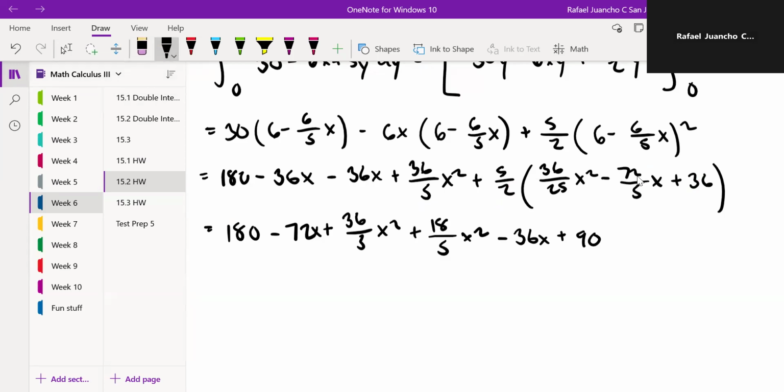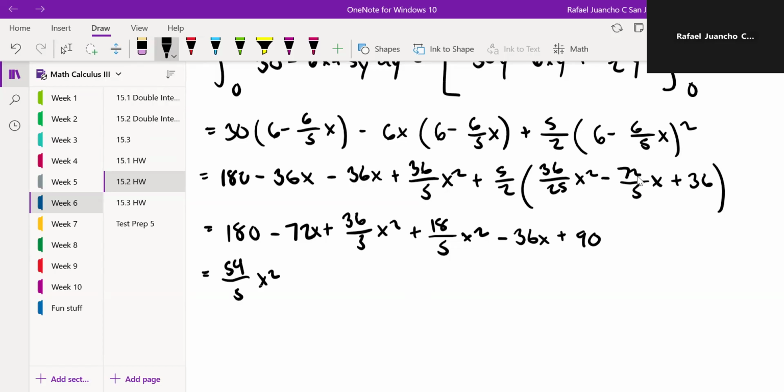Nice. And then just to clean it up, it's a polynomial, or actually, it's a quadratic one. So we have to add these two together. 36 over 5 plus 18 over 5 is 54 over 5.